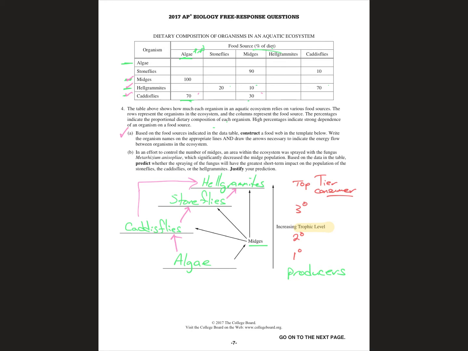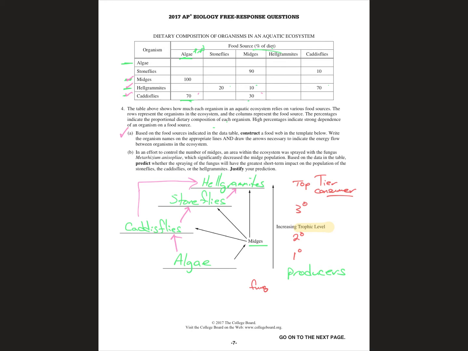In an effort to control the number of midges, an area within the ecosystem was sprayed with a fungus, which significantly decreases the midge population. So the fungus attacks the midges. So I'm going to go ahead and just draw it in. This fungus is going to attack and kill the midges, right?